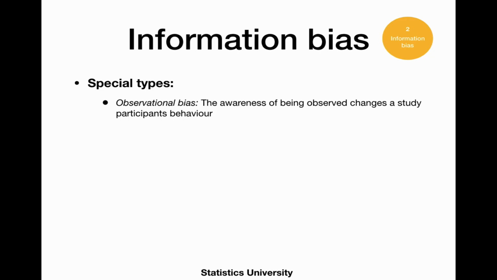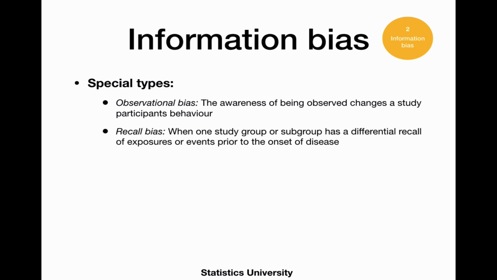And there are special types such as observational bias, where the awareness of being observed changes a study participant's behavior. And recall bias, when one study group or subgroup has a differential recall of exposures or events prior to the onset of disease. And this is a common problem in observational studies using questionnaires as a measurement device.